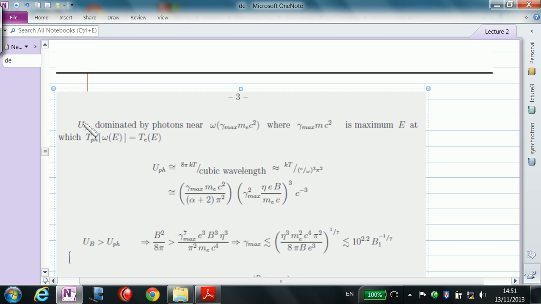So let's figure out what the energy density of photons is. It's dominated by photons, again, with the highest frequency that's still in radiative equilibrium with the electrons. At lower frequencies, not only is the omega squared phase space factor lower, but the brightness temperature is also lower, as you'll find out doing the homework.